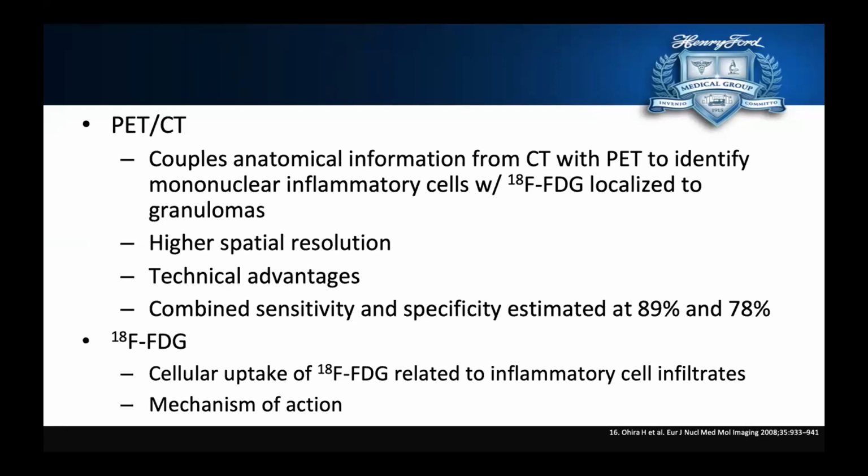And while glucose is further metabolized, the FDG, the phosphorylated radionucleotide, remains trapped within the cells and it can be imaged. So FDG accumulates in active lesions where inflammatory cells are utilizing glucose as an energy source. So then active sarcoid lesions in various organs are visualized by increased FDG uptake on PET. So that's kind of the mechanism of how we're visualizing these lesions.